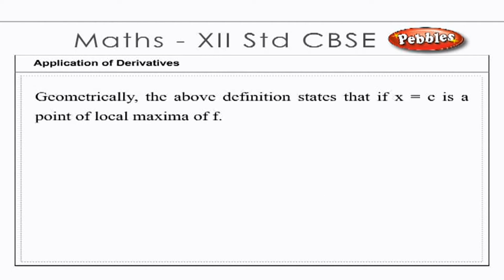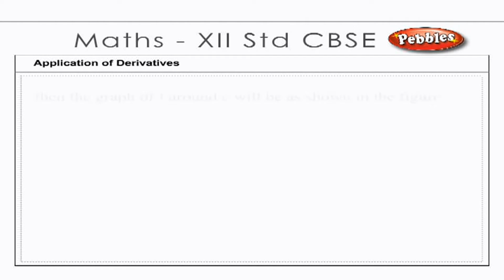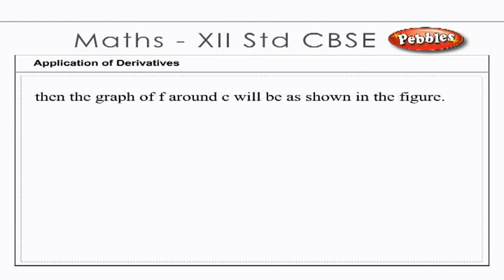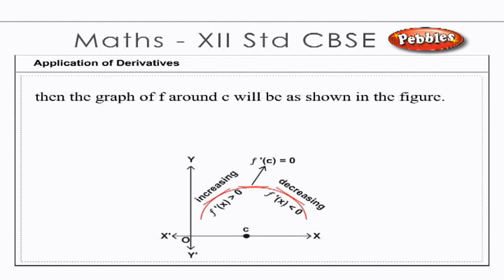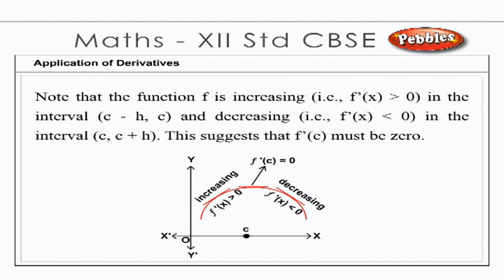Geometrically, the above definition states that if x equal to c is the point of local maxima of f, then the graph of f around c will be as shown in the figure. Note that the function f is increasing, that is, f dash x greater than 0 in the interval (c minus h, c), and decreasing, that is, f dash x lesser than 0 in the interval (c, c plus h). This suggests that f dash c must be 0.